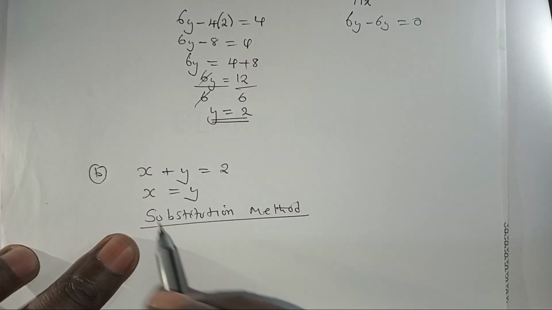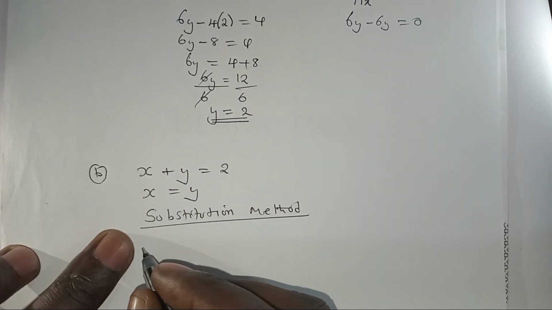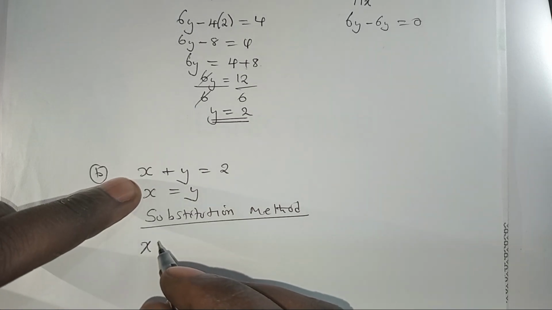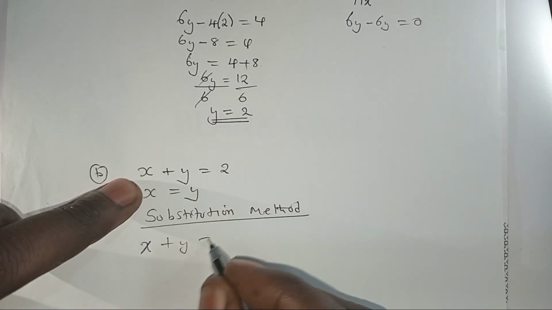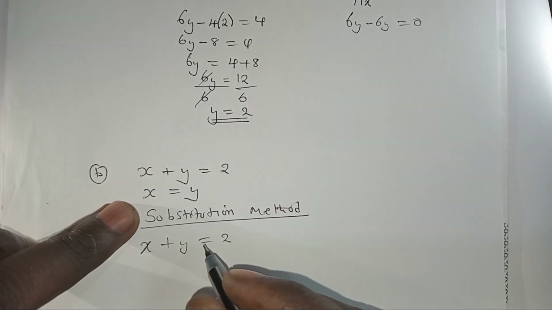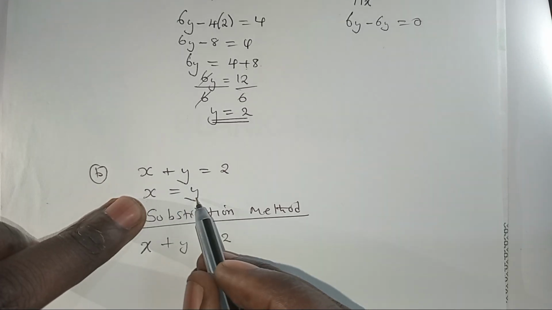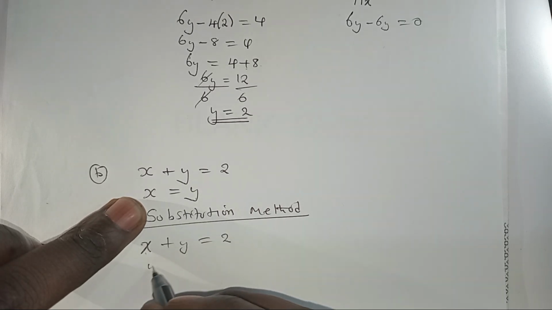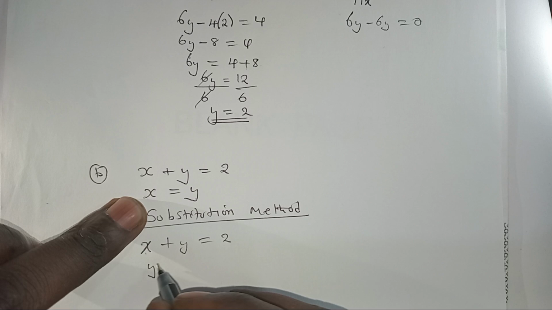So I'm going to take the first equation, which has the first variable as x, plus y equals 2. Now, I'm told x is equal to y. So where there is x this time, I'm going to substitute y. So it will be y plus y is equal to 2.